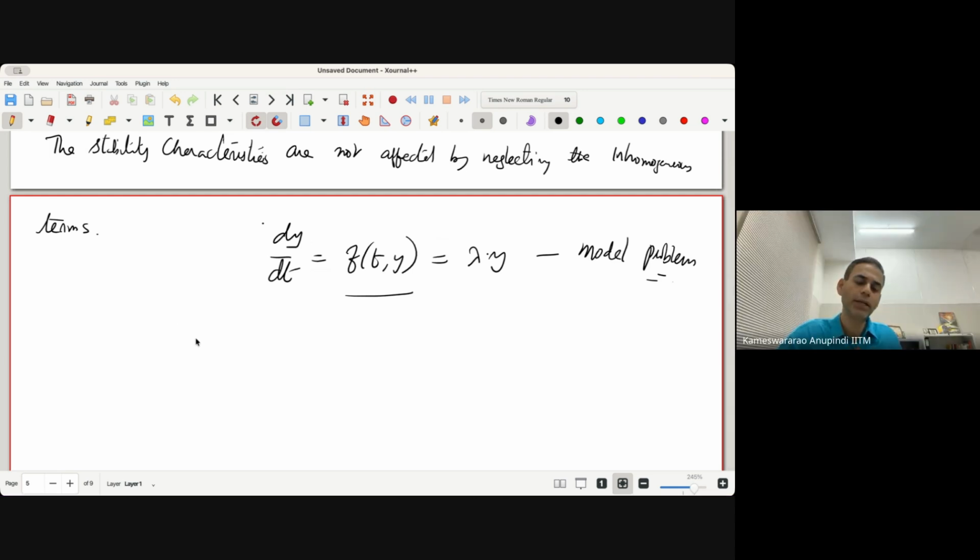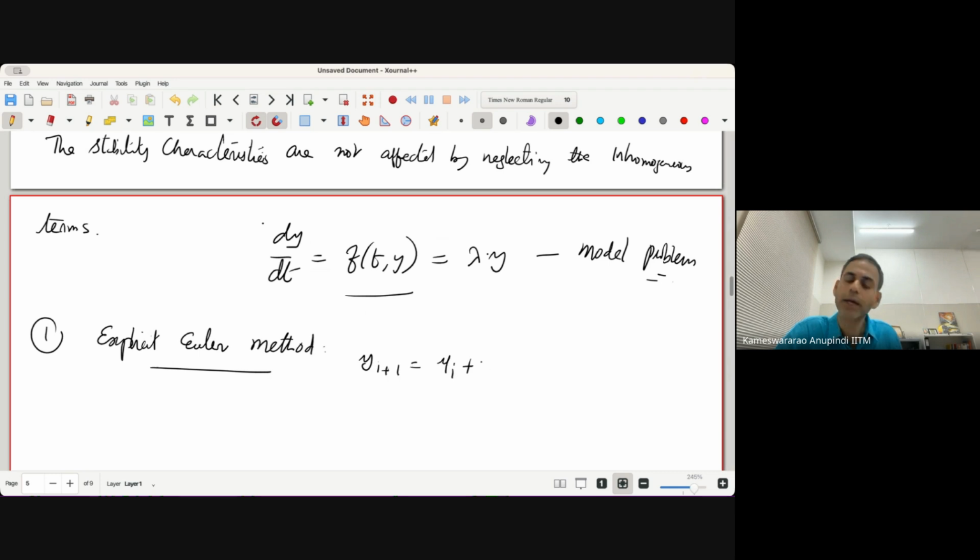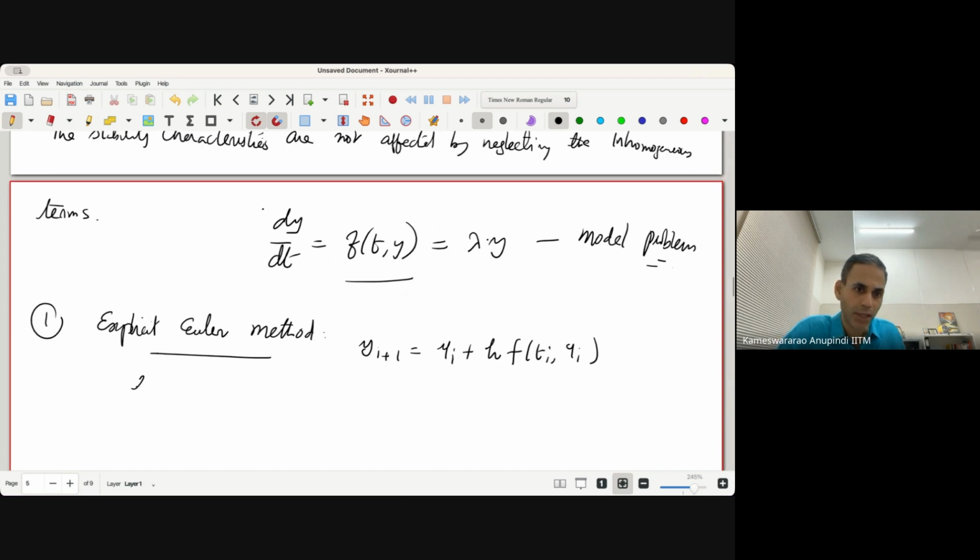Okay. So we are dealing with a model problem, that is dy/dt equals lambda y. Now let us try to apply the explicit Euler method. In the explicit Euler method, if dy/dt equals f of t, y, then y i plus 1 equals y i plus h times f of t i, y i, where h is the time step of the problem.